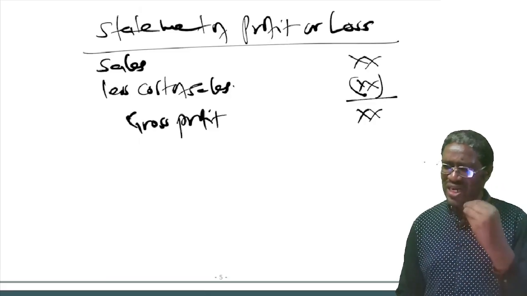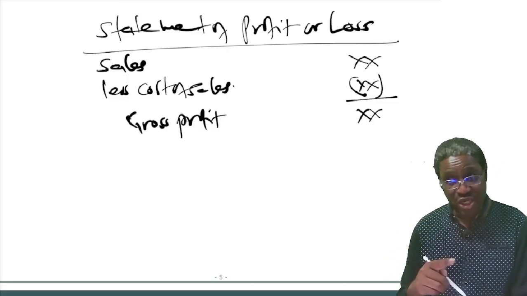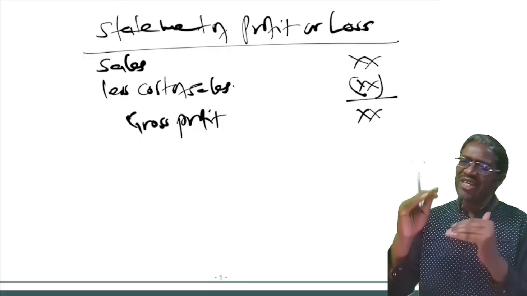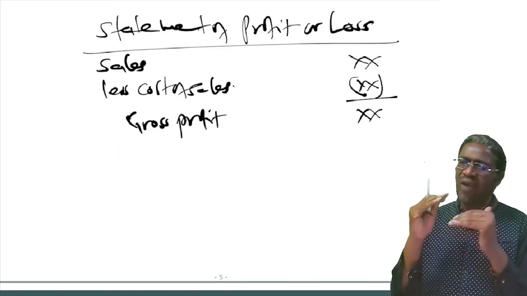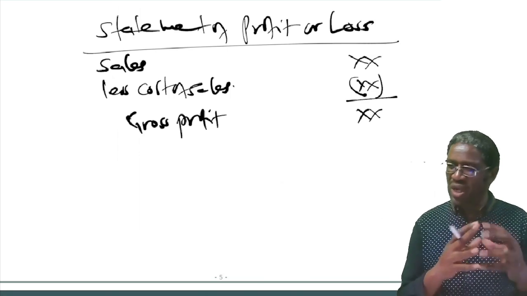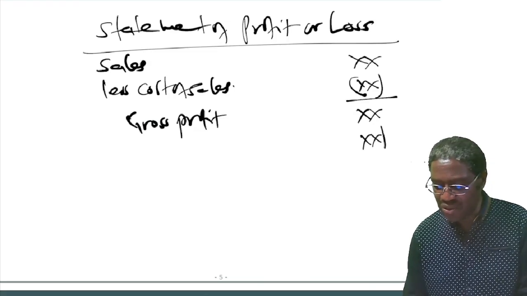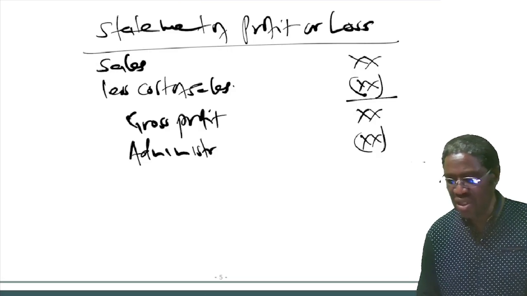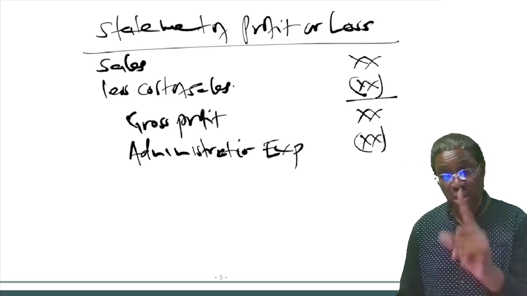So if you have incurred an expense which you think is of administration in nature, get all those expenses that are of administration in nature, combine them somewhere as a working, and bring them as a single amount under the name administration expenses, or admin expenses. So you show them as a single amount.